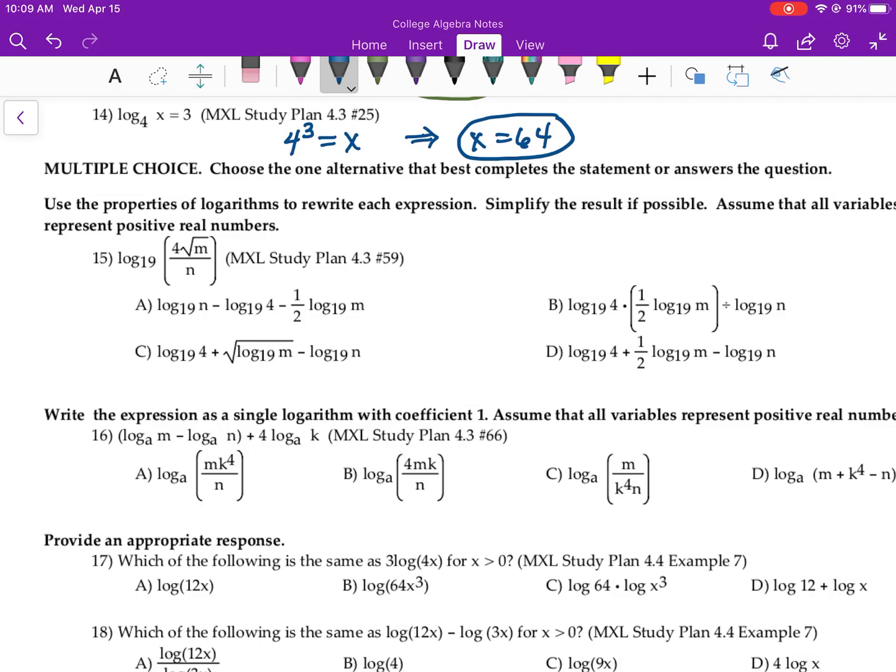Okay, on this one, I'm going to split apart my division first by subtraction of the two logs. So I'm going to browse my answers real quick and see which ones have minus log base 19 of n, and that's C and D. So I'm going to cross out A and B. And then I'm going to split up this product of 4 radical m.